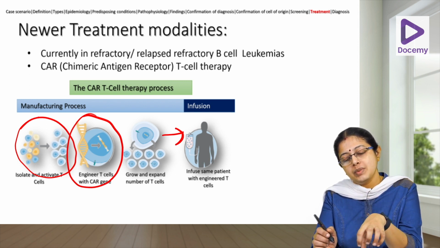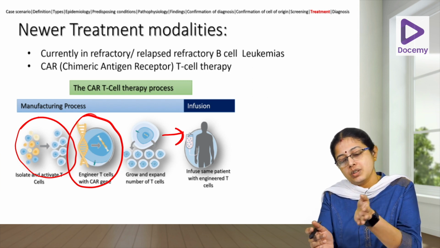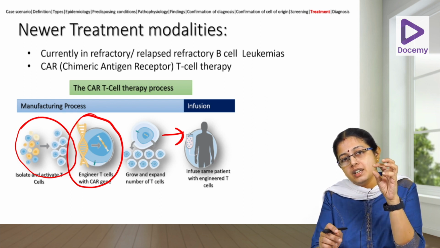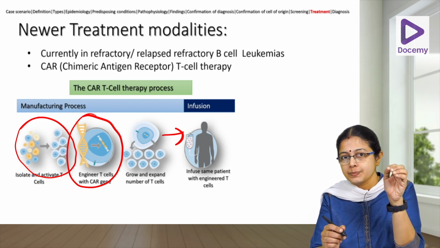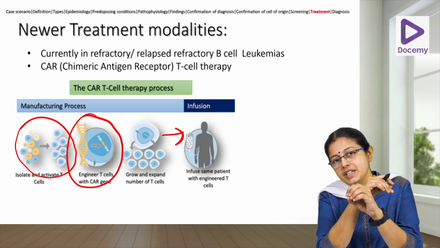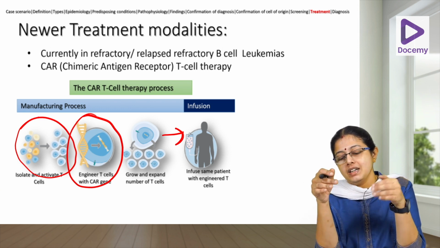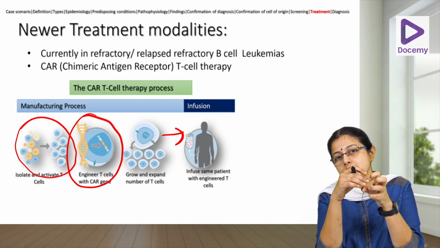So these chimeric antigen T cells, which come back into the patient's body, start to attack all those cells which have the antigen for which these T cells have the receptor. Am I clear? So you incorporate the receptor into the T cells, and this receptor will identify the antigen on top of the malignant cell, and the T cell will be able to identify that this is not normal, and the T cell will be able to phagocytose it.